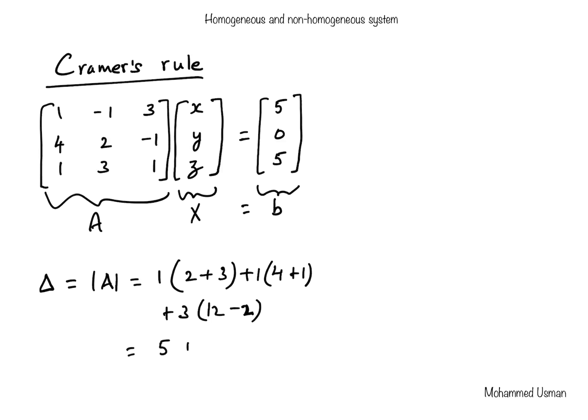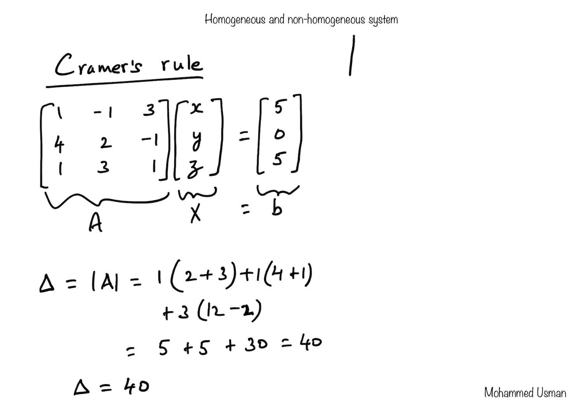So that becomes 5, plus 5, 12 minus 2 is 10, into 3, 30. So plus 30, which is equal to 40. So we get delta equals 40, which is not equal to 0, and therefore, as we have seen previously, this system of equations has a unique solution.